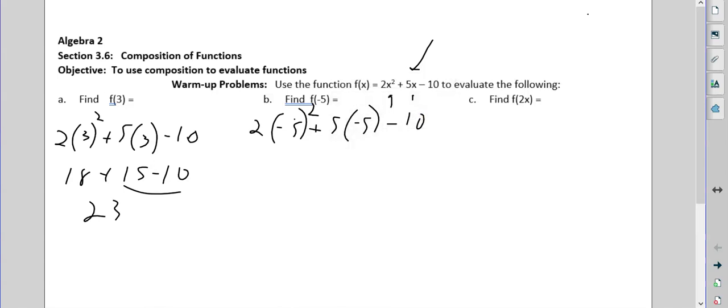Now, remember, right here, if you plug this in your calculator, it might spit out negative 25. You have to be smarter than your calculator, and remember, a number squared is going to be positive. Okay, so 25 plus negative 25 minus 10.